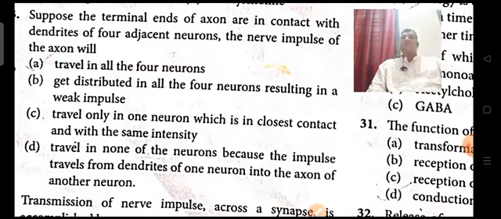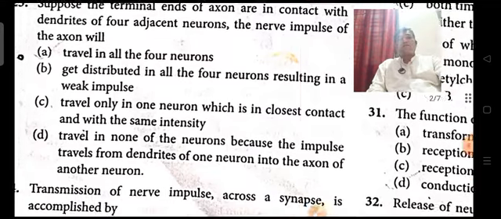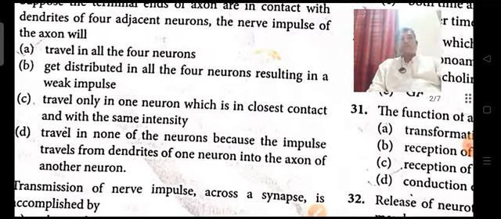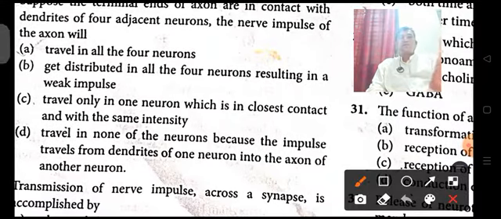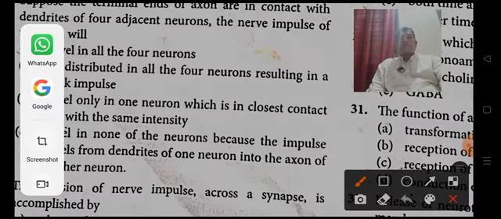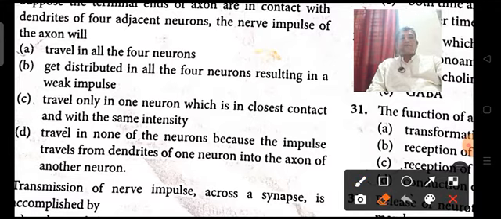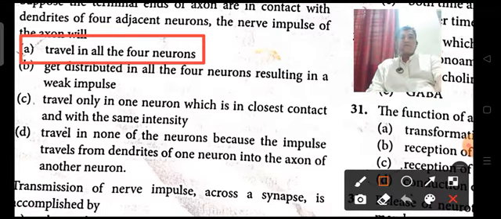The nerve impulse of the axon will travel in all the four directions.